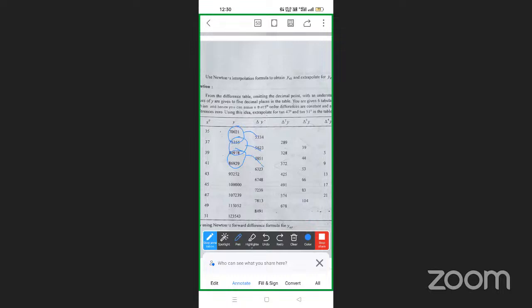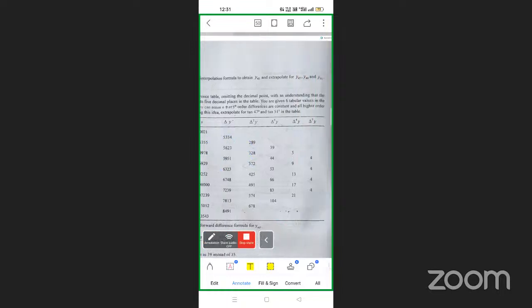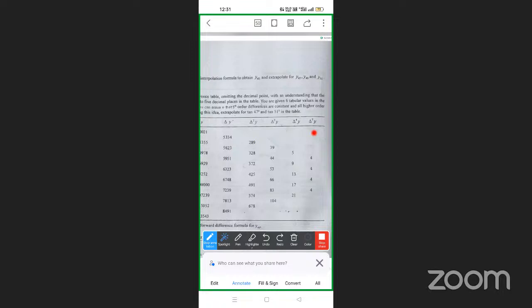So we can construct the forward difference table. So this is delta y. Next, delta square y is the difference between these two. So we can construct delta cube y, delta power 4 y, delta power 5 y.